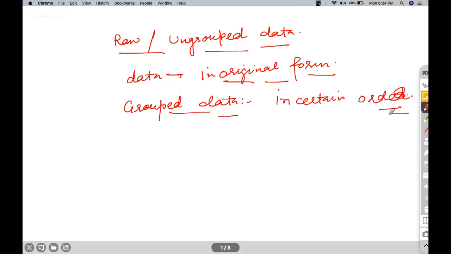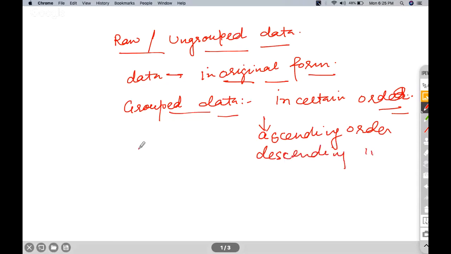Fine. So that order can be ascending order, descending order. It can be categorized by name, address, date of birth, anything. So categorization of data depending on different variables is known as grouped data.